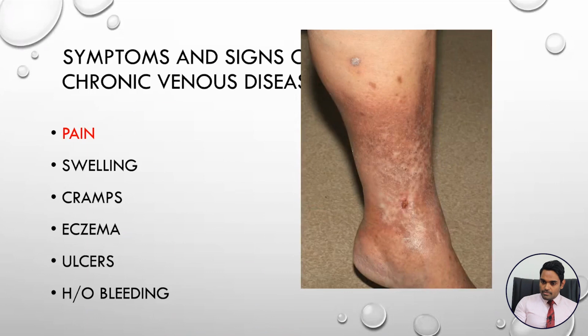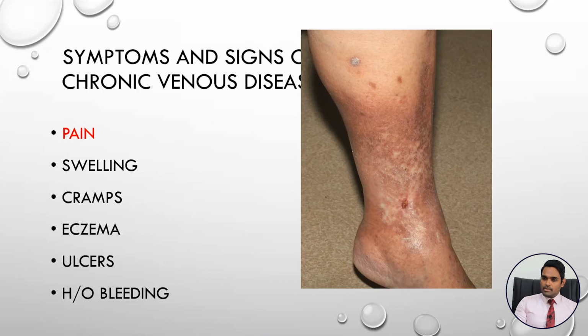So before attributing the pain to the varicose veins, you should get a good description of the pain, because sometimes it may be arising from joints, sometimes it may be a result of radiculopathy due to nerve compression at the vertebral column level. So therefore you should know what is the typical pain of varicose veins.